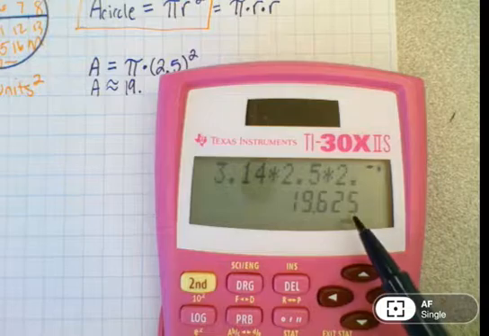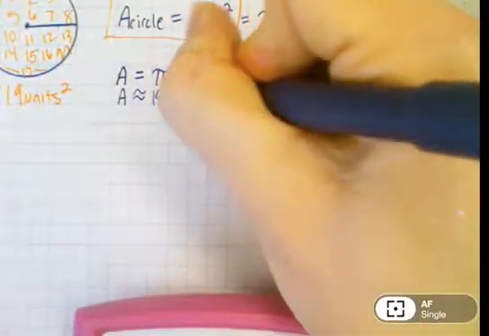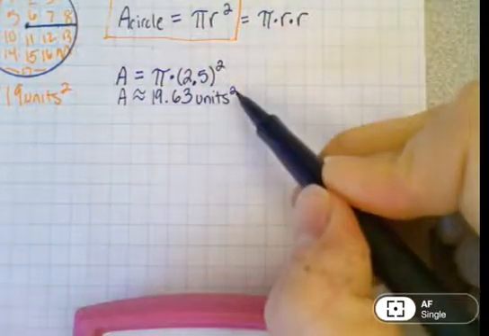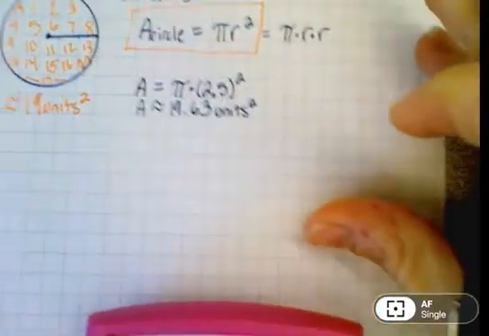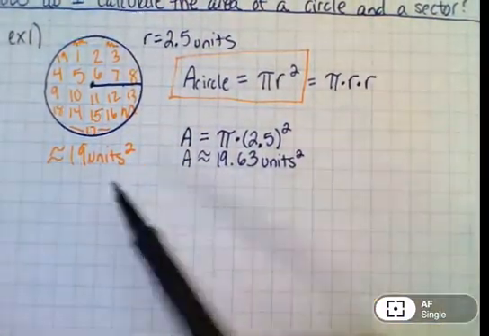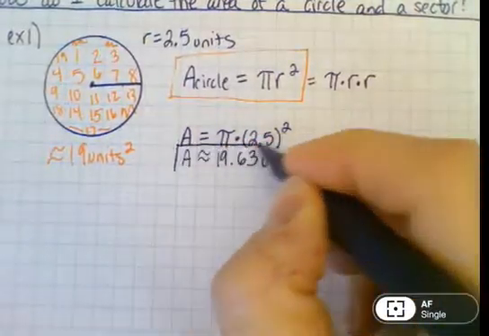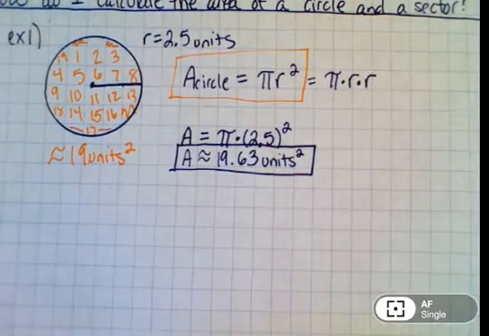That 5 means I bump it up to a 63. So 19.63 units squared. That squared is important because it means we're counting squares inside the circle, and that's pretty close to what I got when I did the approximation. Okay, so the area of that circle is about 19.63 units squared.